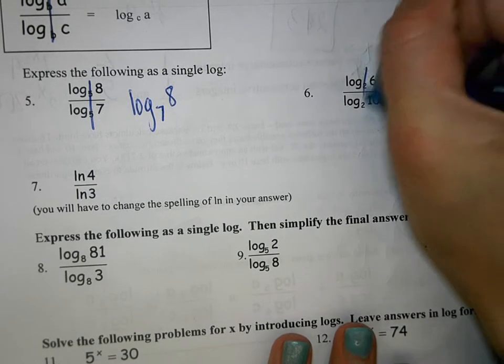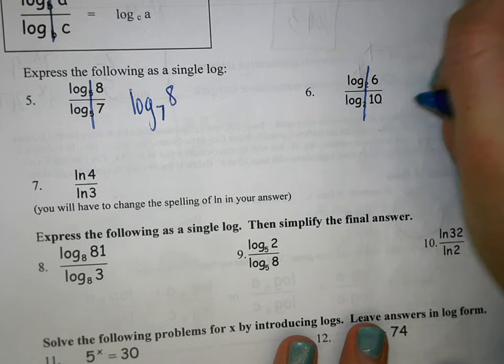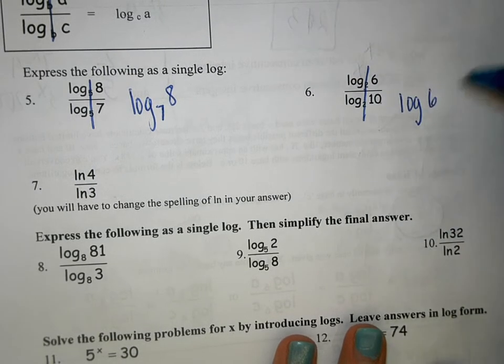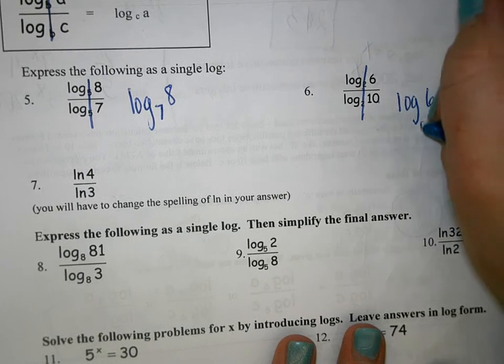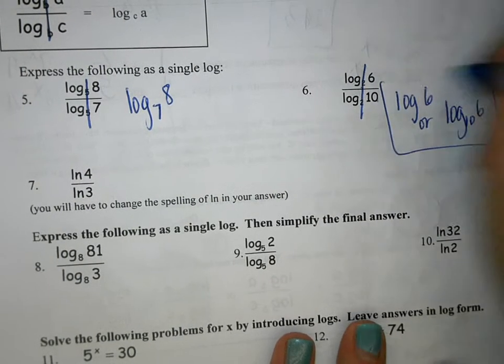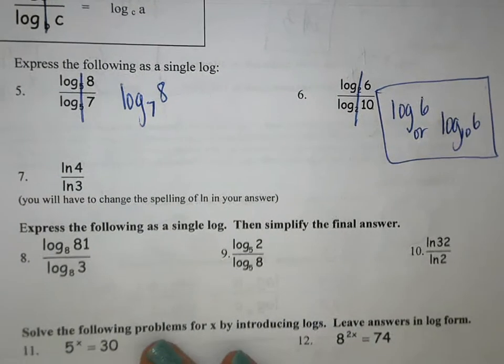Our 2s cancel out. Since the 10 is going to become our base, do I need to write 10? I'm just going to put log 6. If you want to write base 10, you can, or log base 10 of 6. Either way is good.